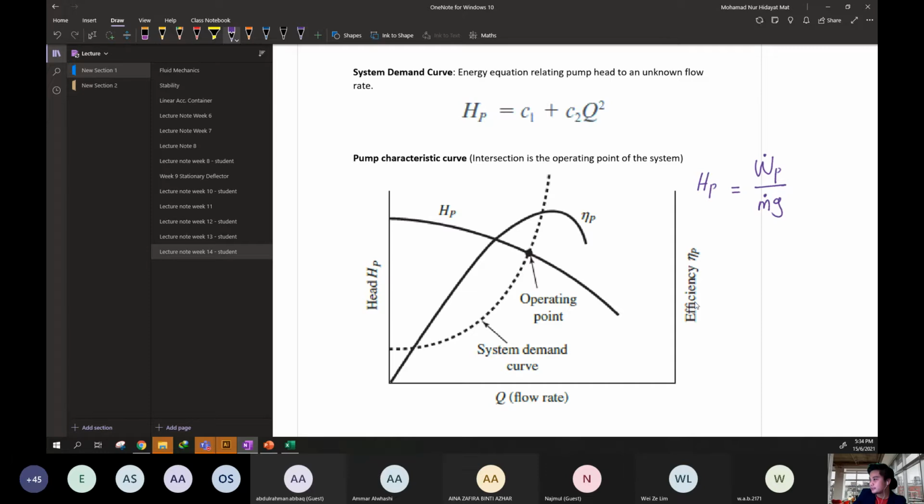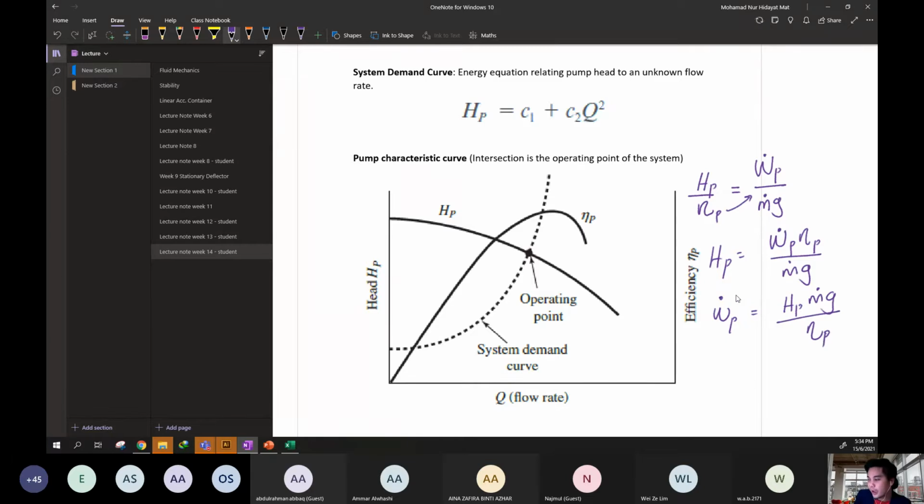When we have the efficiency of the pump, it should be the input of the pump. So the head of the pump is work pump times efficiency of pump over mg. If we want to find the work rate of the pump, it is the reverse: head of the pump times mg over efficiency of the pump.